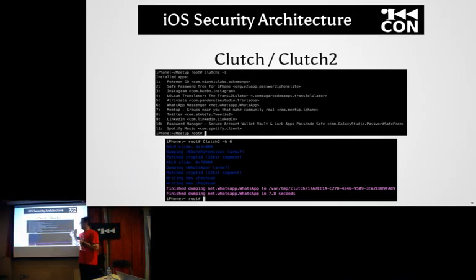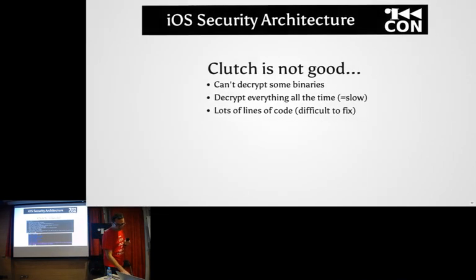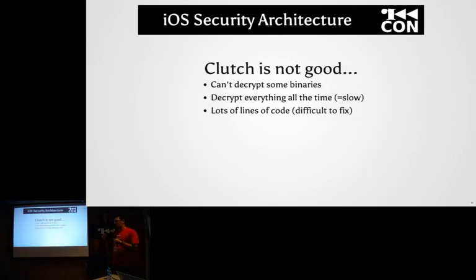There's a tool that does that, and it's called Clutch. But that tool has some problems. It can't decrypt some binaries. It decrypts everything, so if you have a fat Mach-O with different binaries, it decrypts all the binaries, even if you only want to decrypt one.